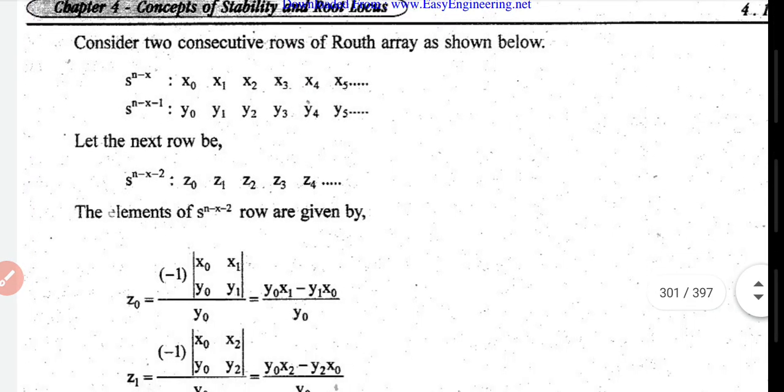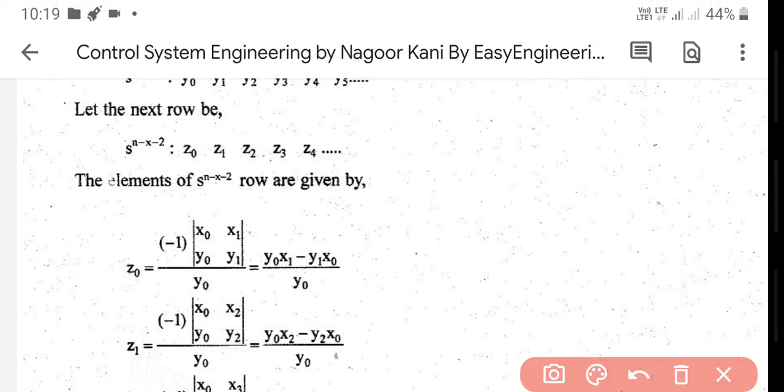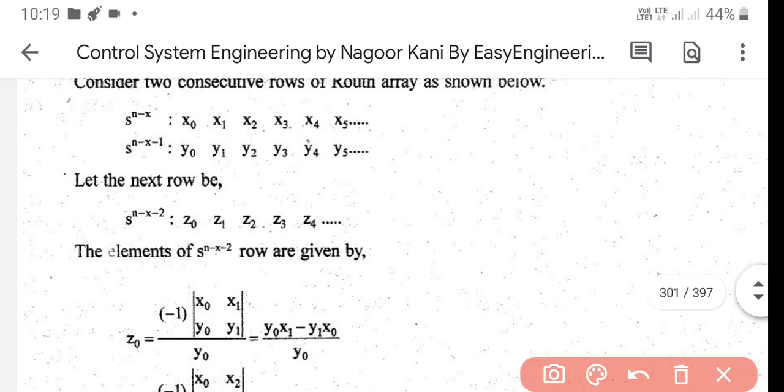Now how are you framing the next row? By considering S power n minus x and S power n minus x minus 1 as the first two rows, the next row can be calculated.